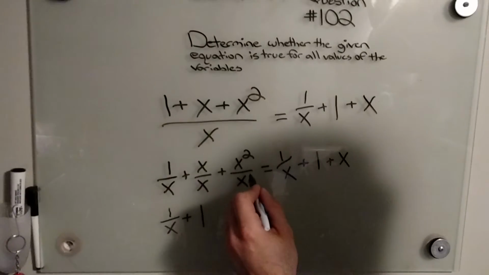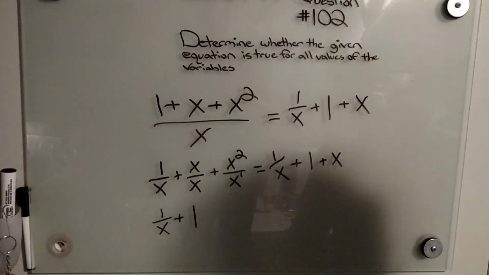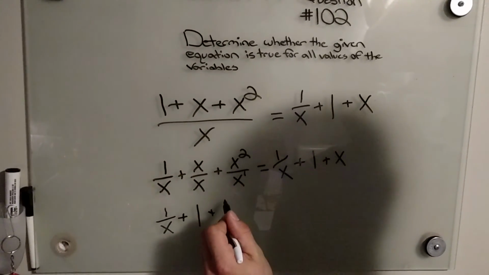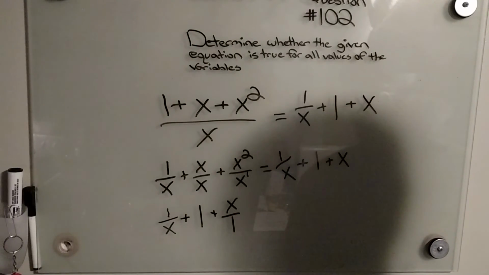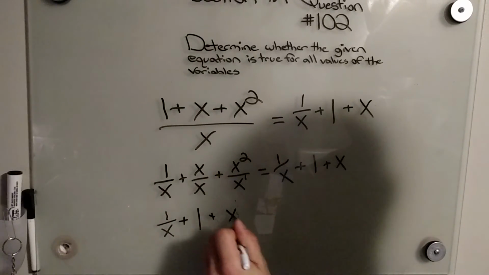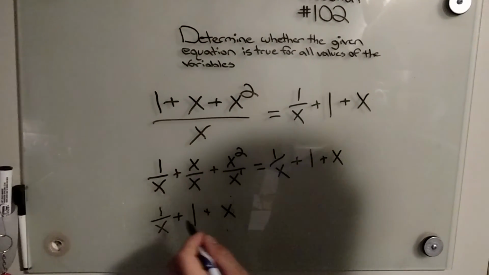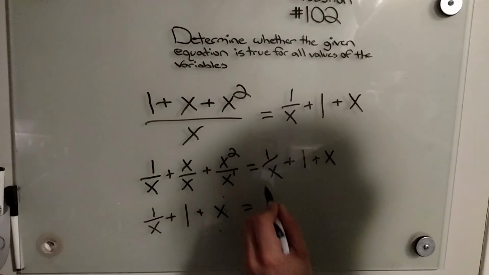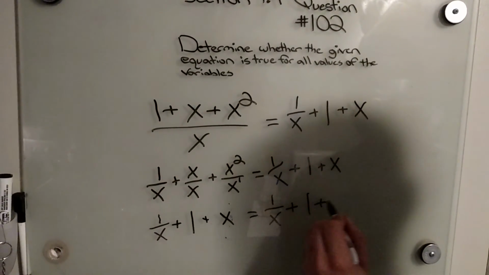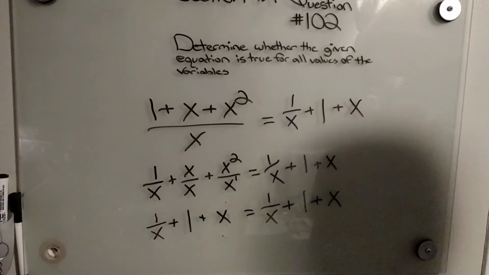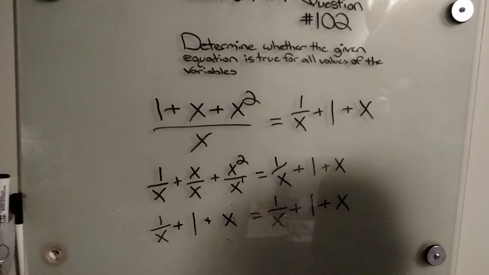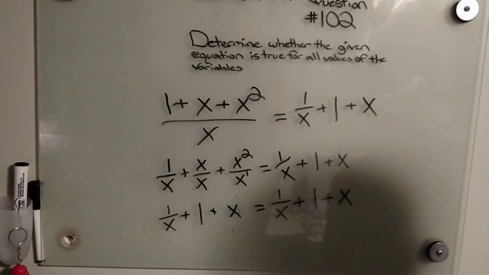So this is ultimately x to the 2 minus 1, which is x to the 1, which just becomes x. And so there you have 1 over x plus 1 plus x, which is equal to the other side of our equation, 1 over x plus 1 plus x. They're balanced on both sides, so any value of x that you plug in will make this a true equation. Thank you.